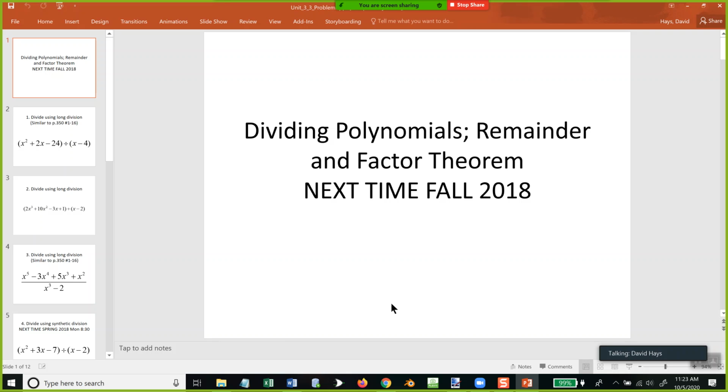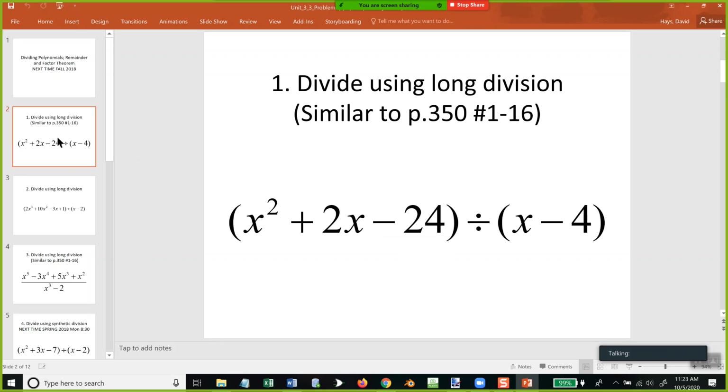I just can't remember when I put. So. Dividing polynomials, remainder, and factor theorem. Mainly because I didn't want it to collide with the midterm on Wednesday. So. Yep, next class. I'll talk more about that toward the end of class.